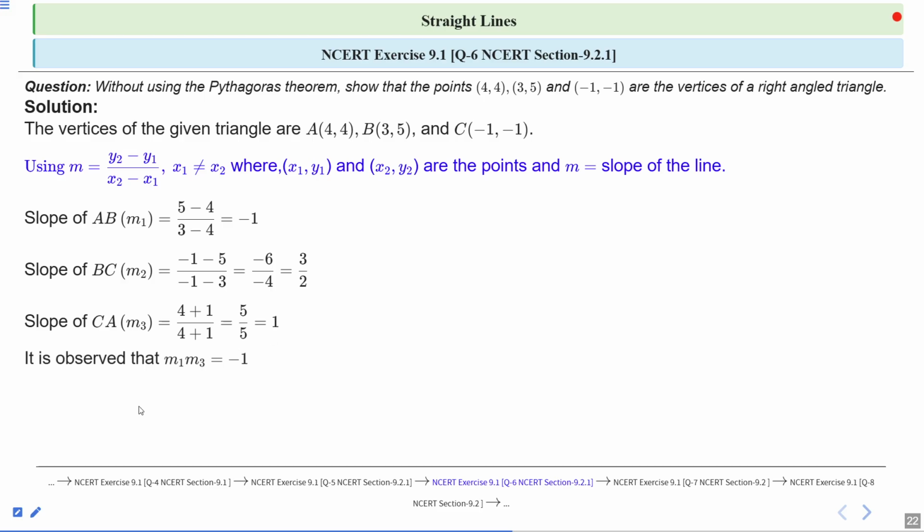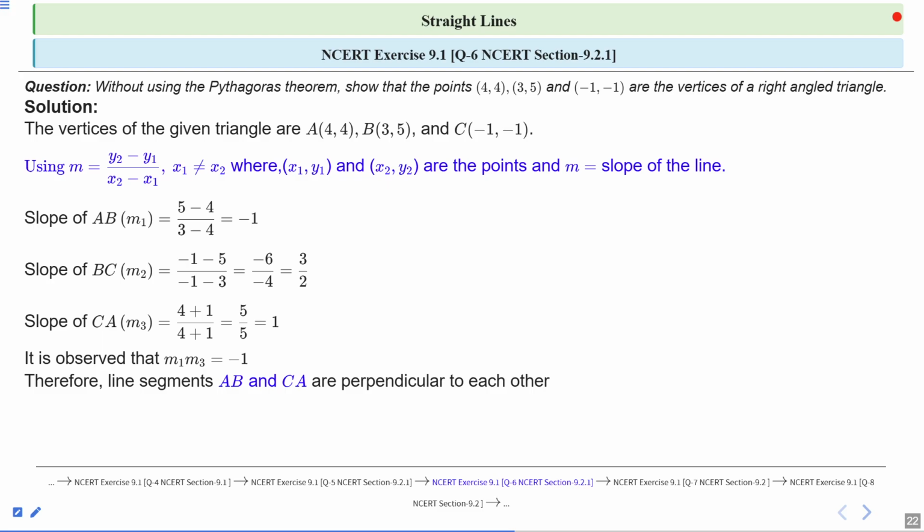So it is observed that the product of m1 and m3 is minus 1. The product of the slope of AB and the slope of CA is equal to minus 1. Therefore the line segments AB and CA are perpendicular to each other. As we studied in our previous lecture, if the product of slopes is minus 1, then the lines are perpendicular to each other.